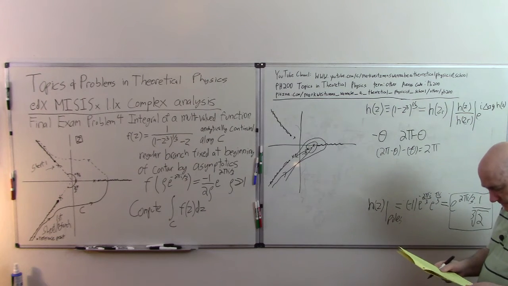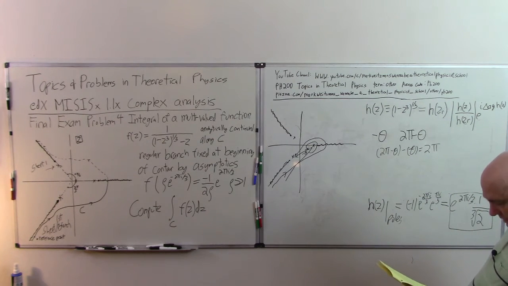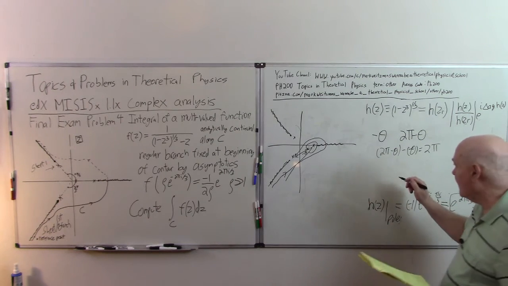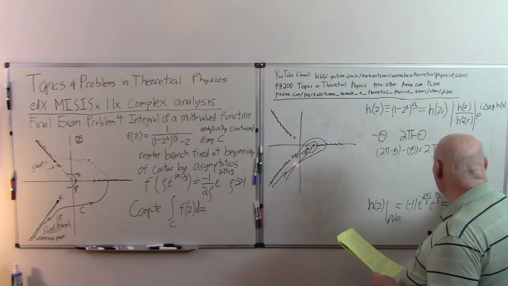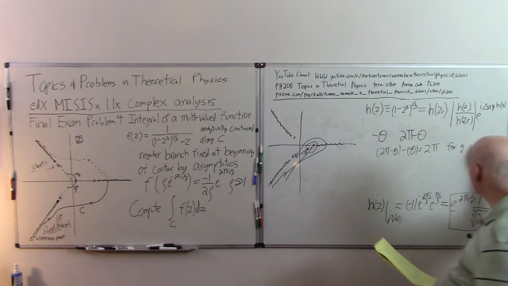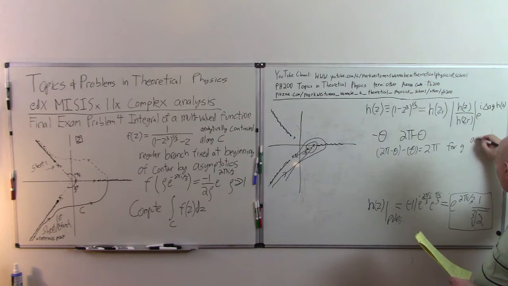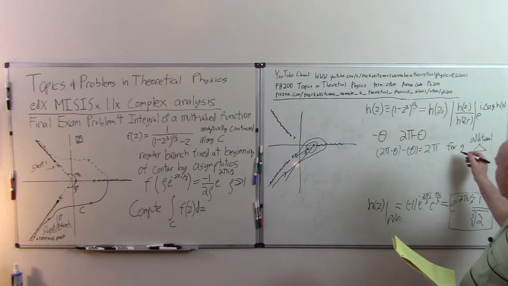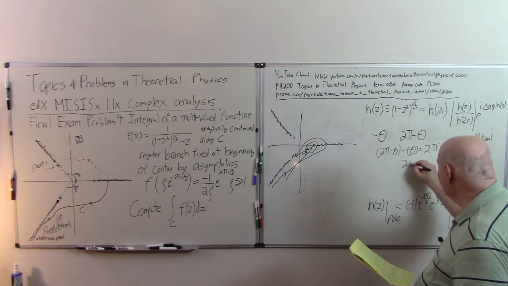So from our reference point, we're going to take that 2 pi, which is the additional delta. We're going to take that and then divide by 3.